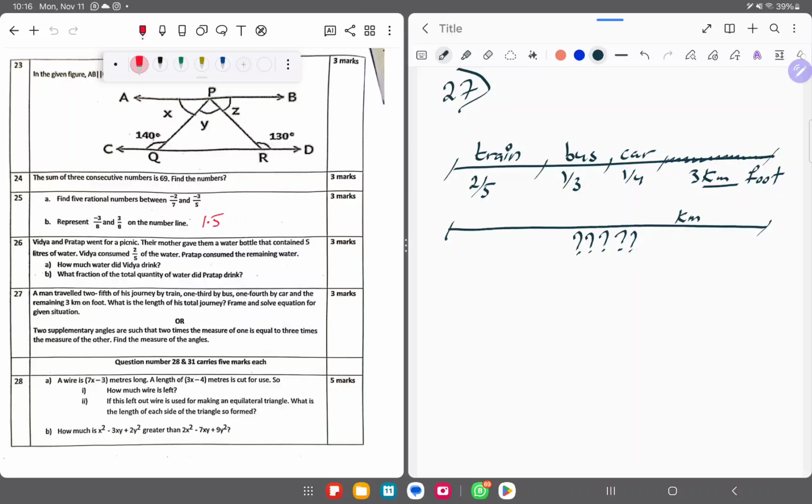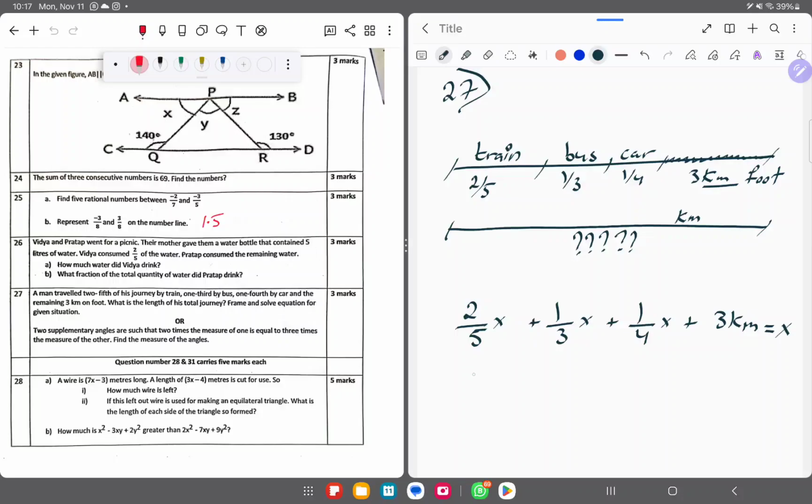Okay. Now, I can try and think of something. I'm like 2/5 of the journey plus 1/3 of the journey plus 1/4 of the journey plus 3 kilometers. But I don't know how much the journey is.